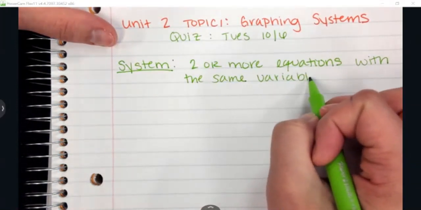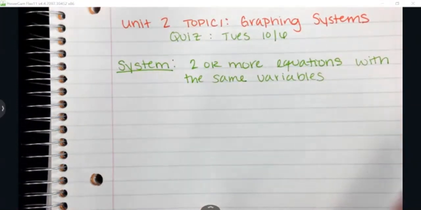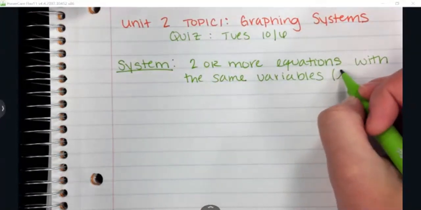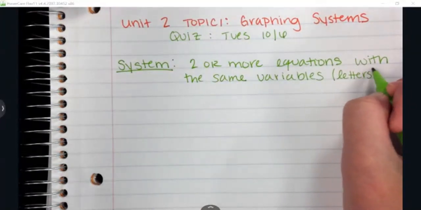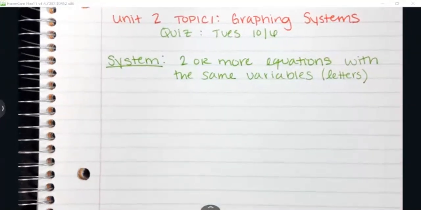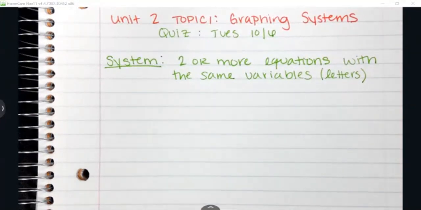What are variables? Letters. Very good. If you don't know, write it down. Variables are letters. So that means if I have an equation with an A, B, and C, all my equations in that problem have to use the letters A, B, and C. Okay, you can't change letters on me.